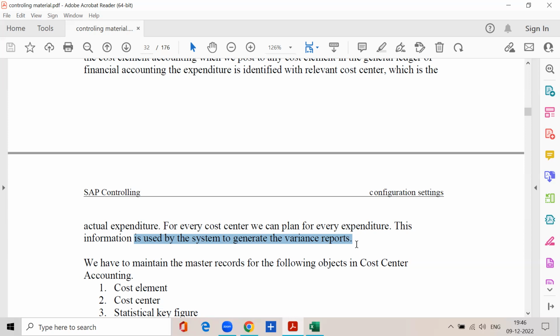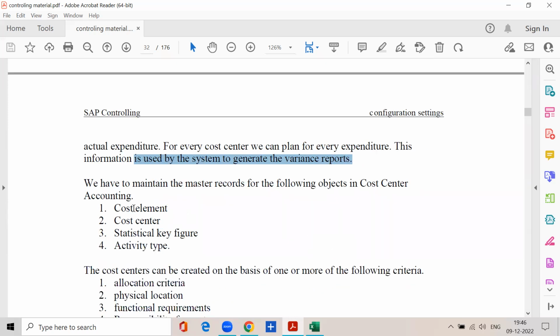Suppose, for example, for the administration cost center, this month's planned salaries are 25 lakhs, but actually it is 26 lakhs. Why? Whether there are overtime salaries or what? That's how they analyze the variance reports. Now, is it still not clear for everybody? Any doubts for anybody?